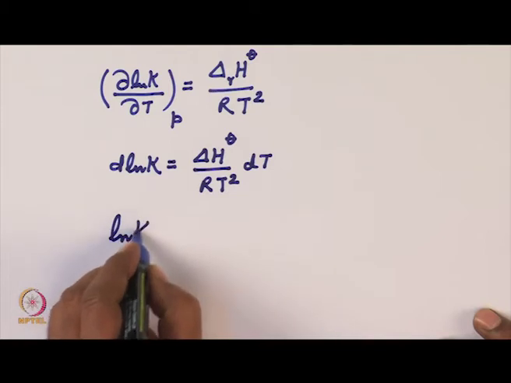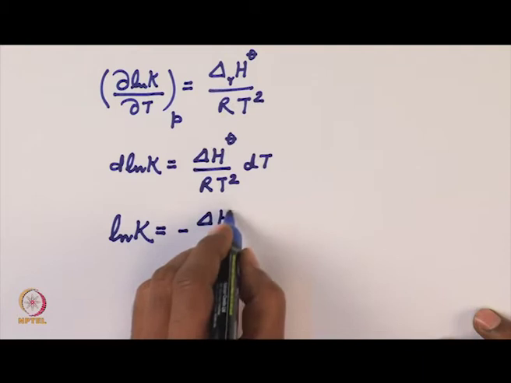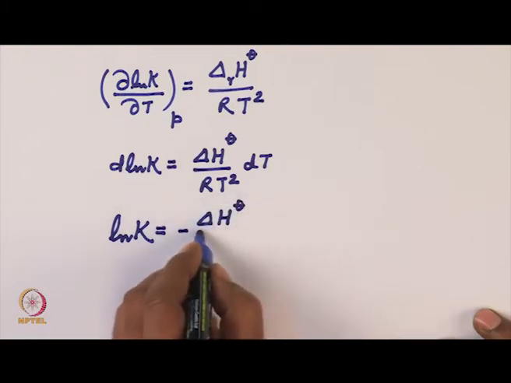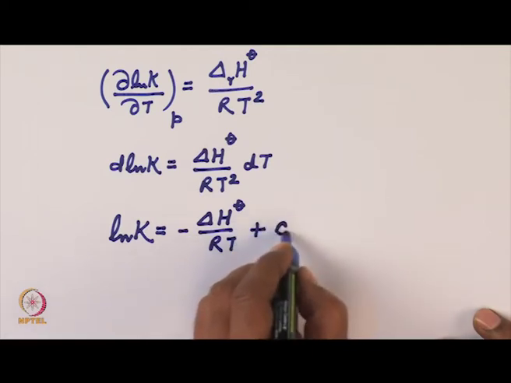What I will have is log k is minus delta H naught by RT plus a constant.